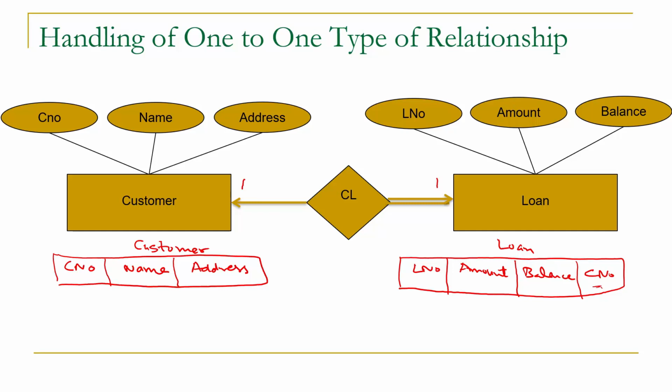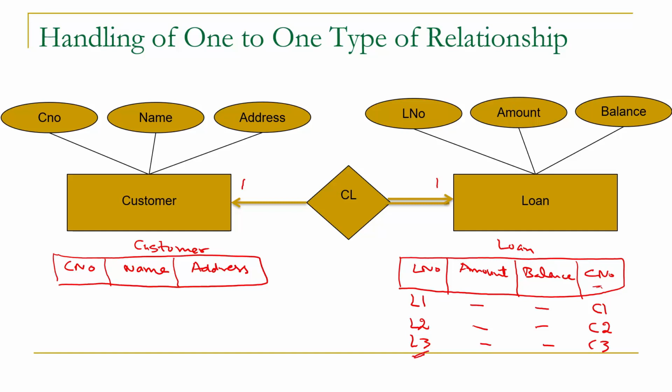So let us create some instances. Let's suppose loan number 1 has this amount, this balance, and there will be one customer number corresponding to this loan, who has taken this loan from the bank. So let's suppose the customer number is C1. For loan L2 there will again be some customer, and for loan L3 there will again be some corresponding customer.